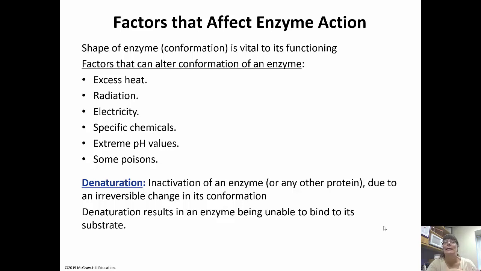Excessive heat can alter the conformation of an enzyme. Radiation, electricity, some chemicals, if the pH is out of the enzyme's range, and some poisons. What will happen is it will cause the enzyme to denature. And denaturation is the inactivation of an enzyme because of an irreversible change in its shape.